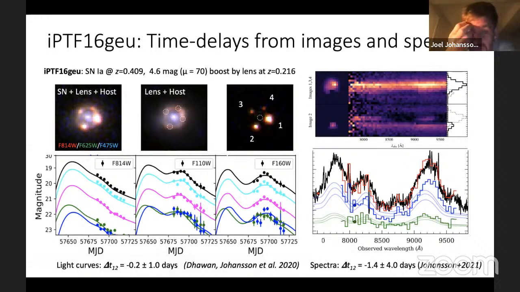So then it depends what nature gives you. If it gives you a system with a 10-day time delay, then we can measure that time delay very well, and it would translate to an H0 measurement that is good to like 5% or so.